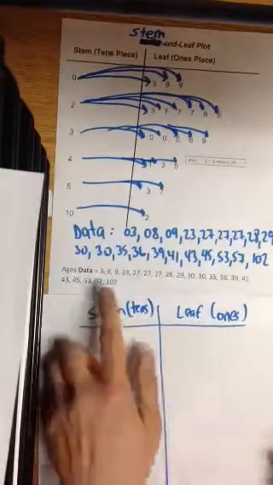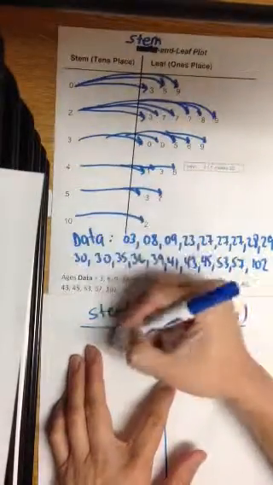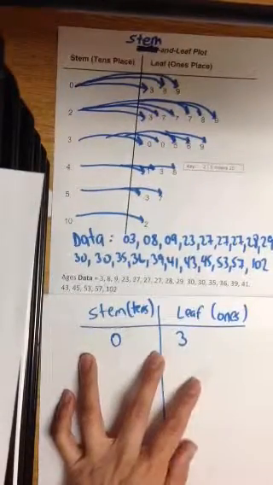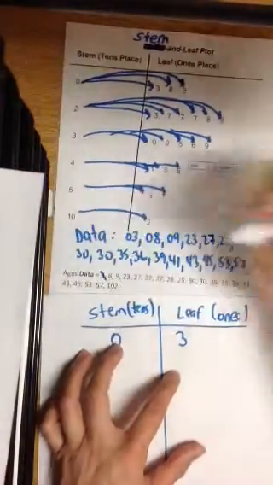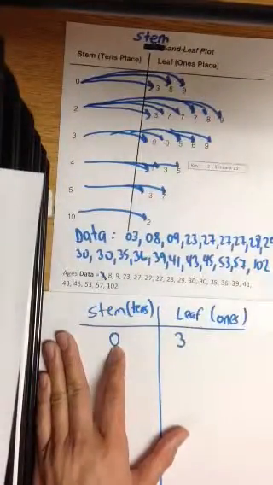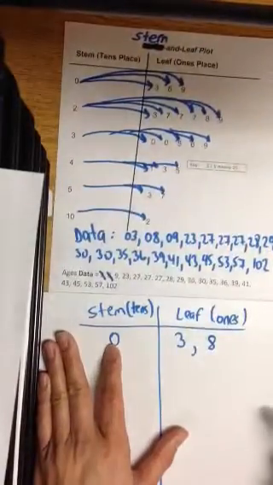So let's look at the first one. 3. How can you break the number 3 into tens and ones place? Well, if I put a 0 in front of it, isn't 0, 3 the same thing as 3? It is. Let's scratch that so we know we used it. 8. 0's already done for us, so we put a comma 8.